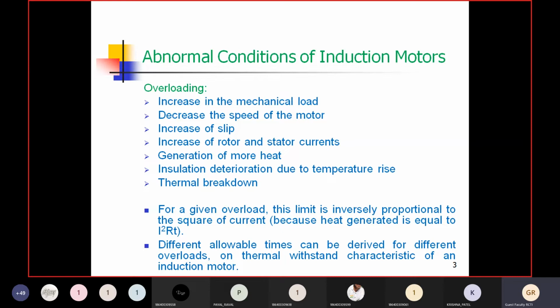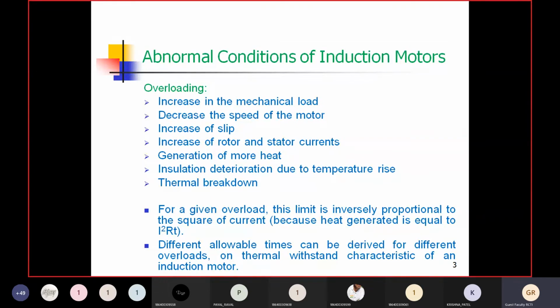If the conductor gets burned out, it will create an open circuit, and an open circuit is not going to increase current. But when the insulation gets damaged, it creates a short circuit, and a short circuit increases the current, which burns out the other parts of the induction motor. That is called thermal breakdown.